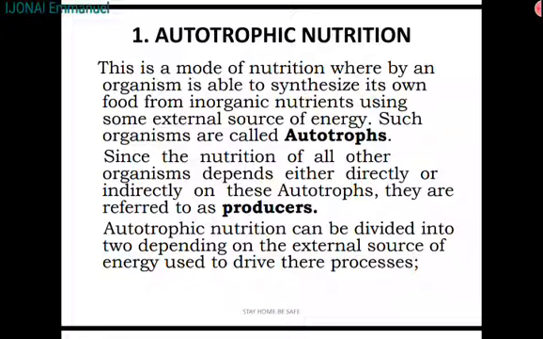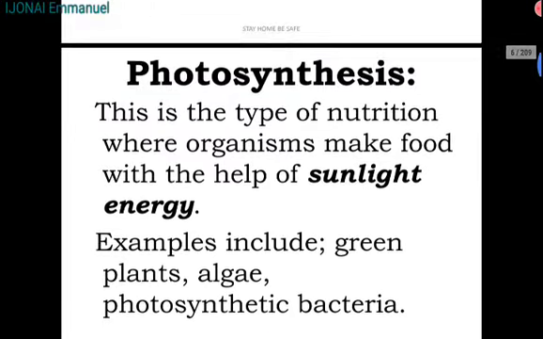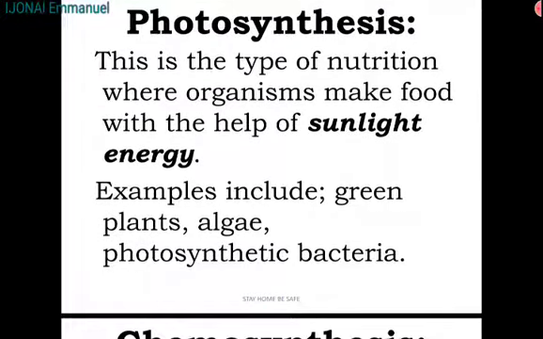Who can tell us that form of nutrition that green plants perform? Yes, it is photosynthesis. This is where organisms make their own food, but this time using sunlight energy.